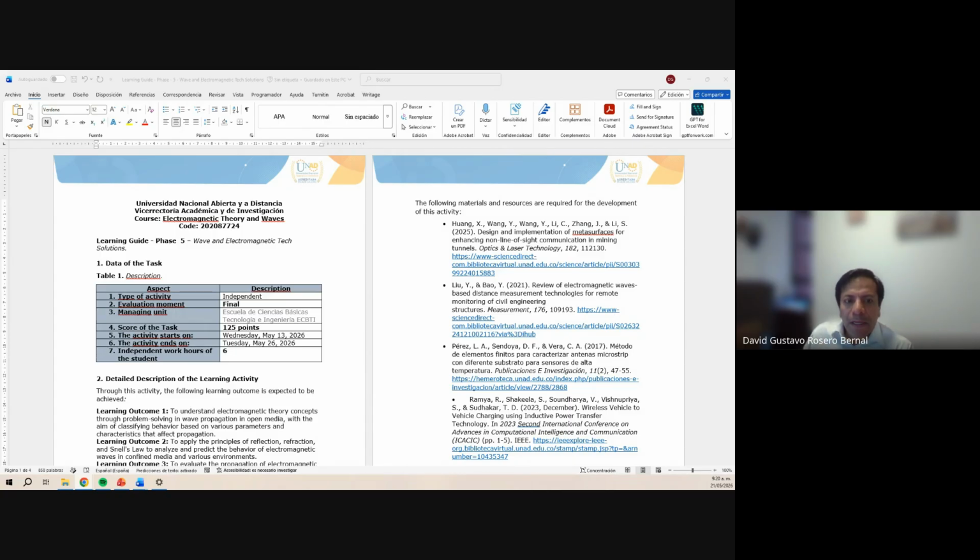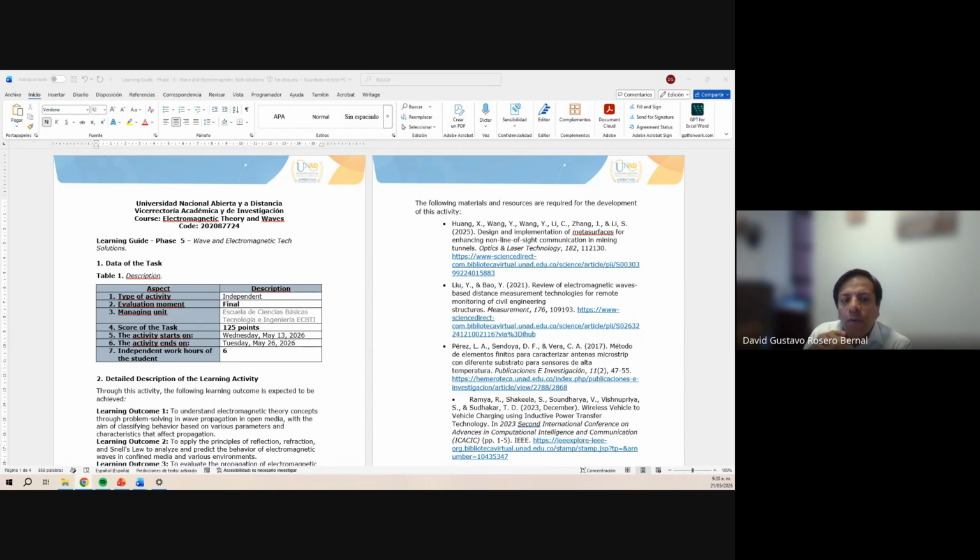Let me organize my explanation into three big blocks. First, I will explain the learning guide for phase number 5, the one that you have on the screen, which tells you what you must do. Second, I will explain Appendix number 5, the delivery format, which tells you how your final product must look.